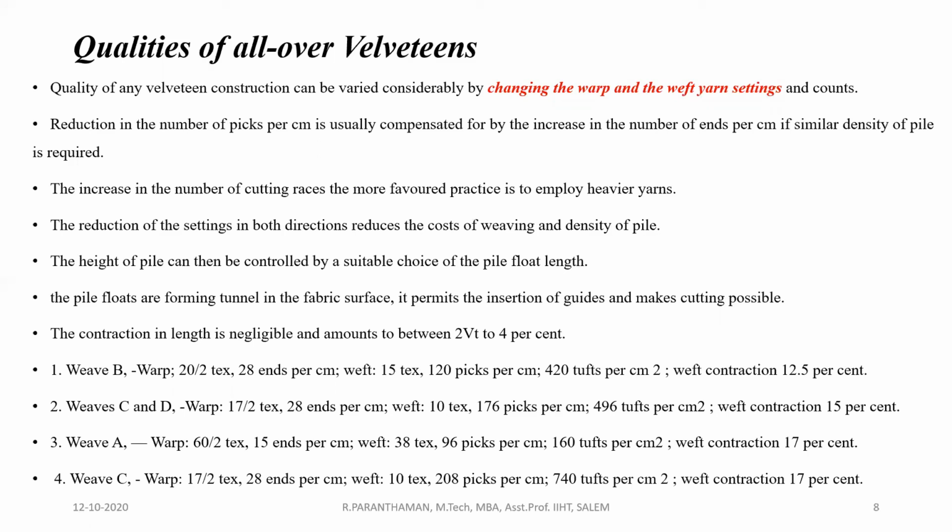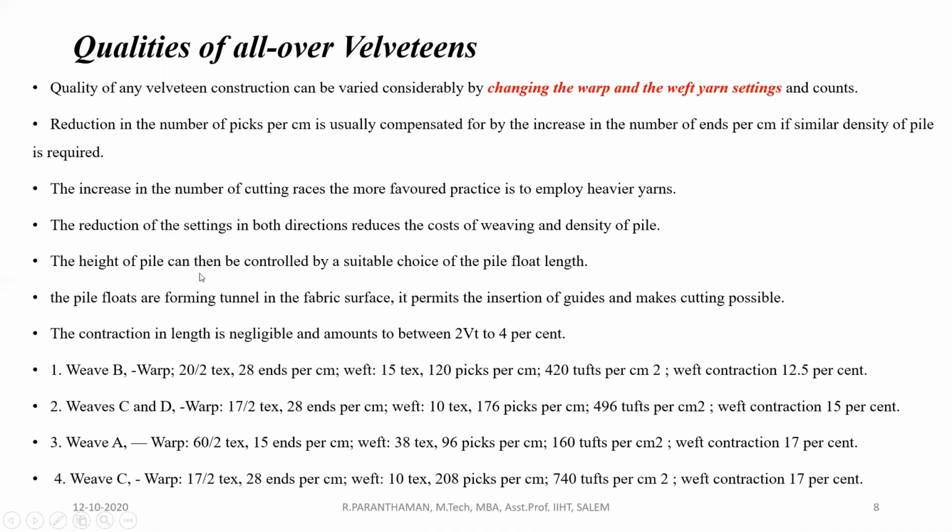With the increase in the number of cutting races, the more favored practice employs heavier yarns. The reduction of setting in both directions, that is warp and weft directions, reduces the cost of weaving and the density of the pile. So reduction in ends per inch and picks per inch will reduce the cost of weaving and the density of the pile.